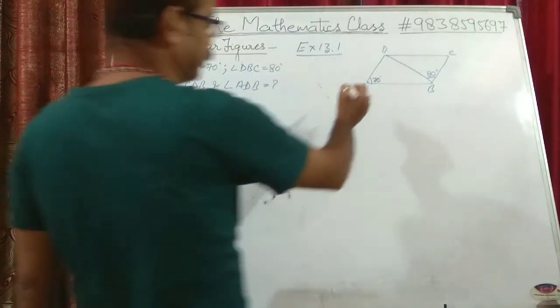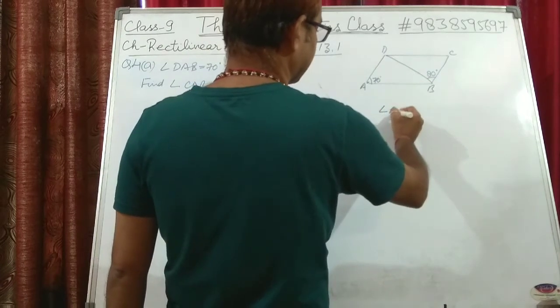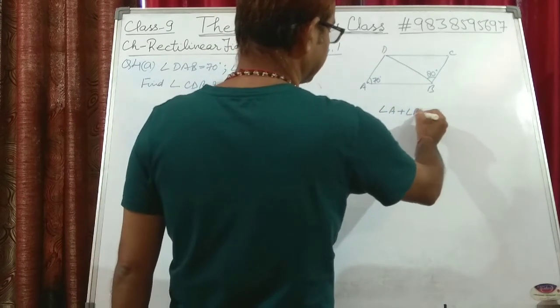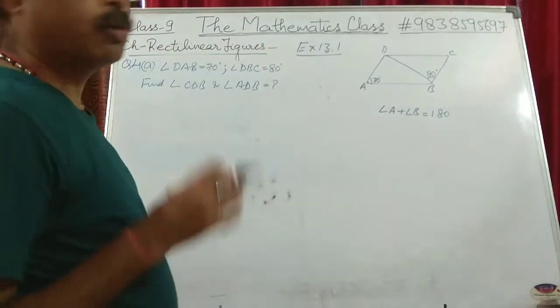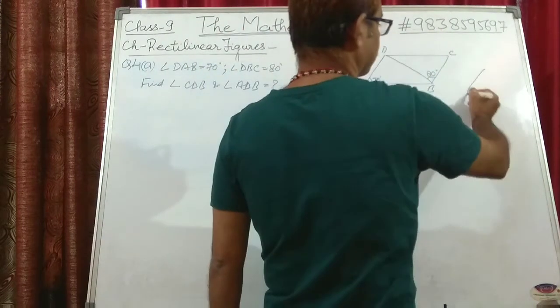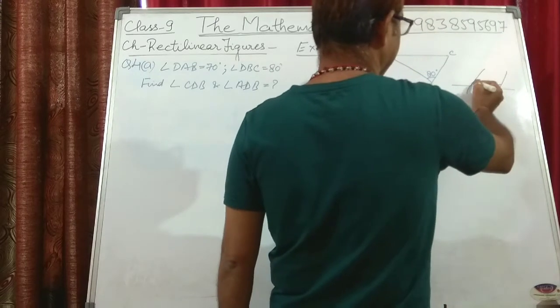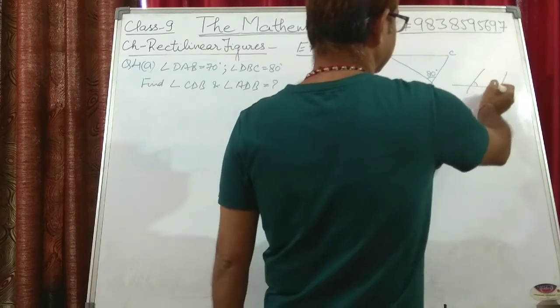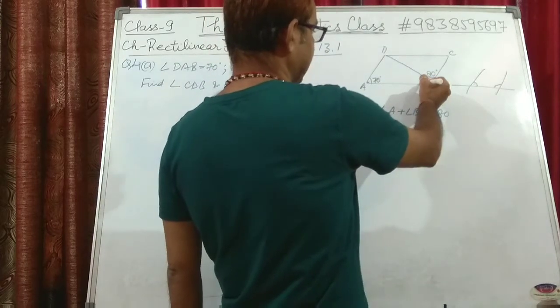Now first of all, we know that angle A plus angle B will be 180 degrees. Why? Because they are co-interior angles. These are two parallel lines and a transversal is intersecting. So the sum of these two angles will be 180, in which we don't know this angle.